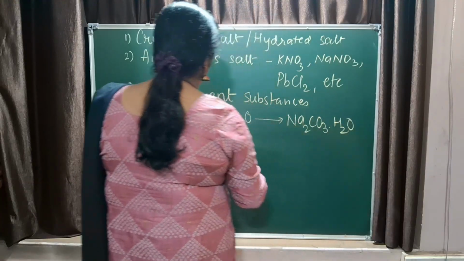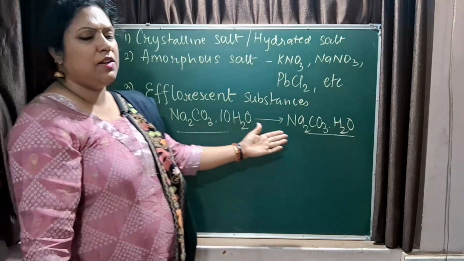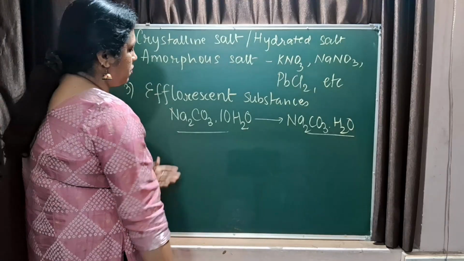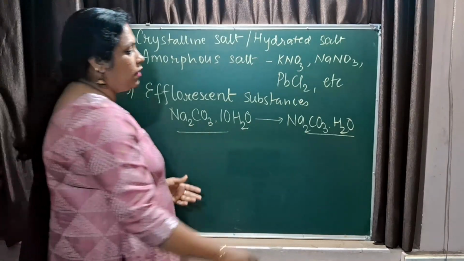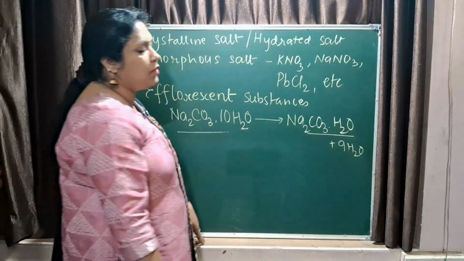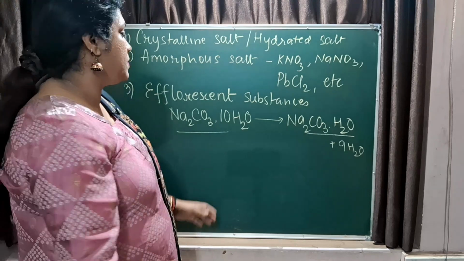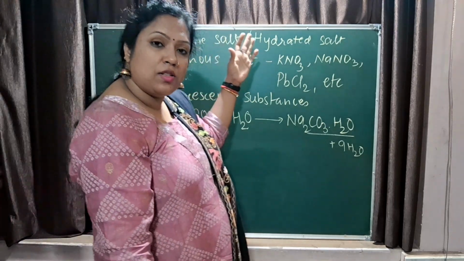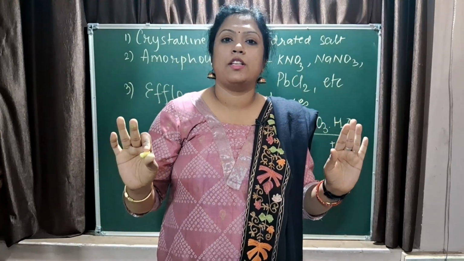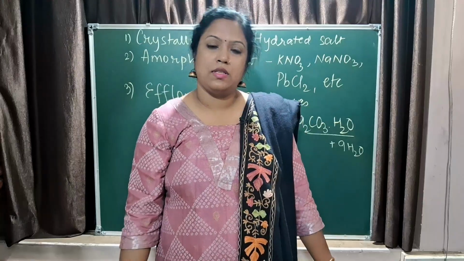These are both washing soda, but this is a crystalline form, and finally it forms an amorphous powdery substance, which is called the amorphous form. This loss of water of crystallization when just left in the atmosphere is called efflorescence. So all those hydrated salts which have the capacity to lose the water of crystallization when exposed to the atmosphere are called efflorescent substances or salts.